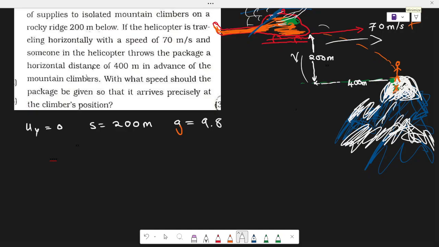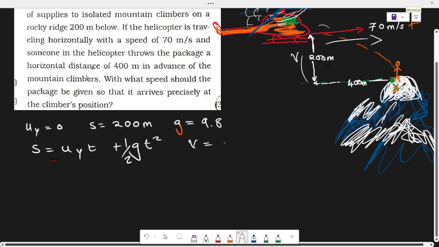So we can look at two formulas that can help us. There is this one, s is equal to uy t plus 1 over 2 g t squared. And we have this formula, v is equal to u plus gt.